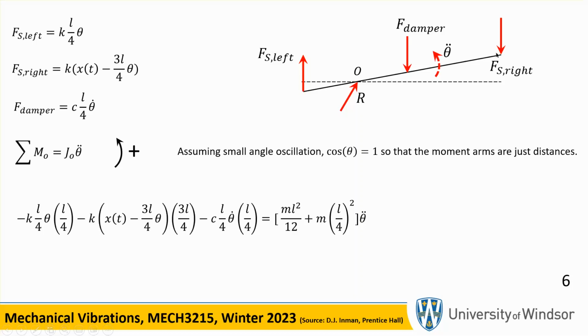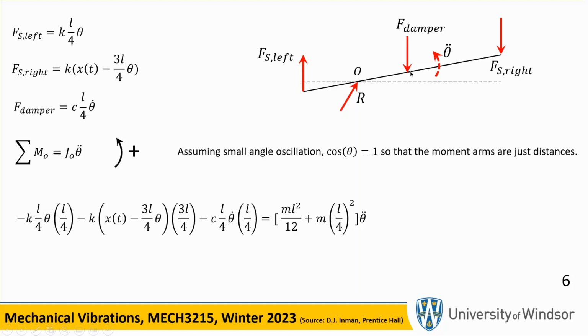J is the moment of inertia about the point O, the pivot point, times theta double dot. Now to find J about O, if this was a rod, about its center, it would be ml squared over 12, right? ml squared over 12.